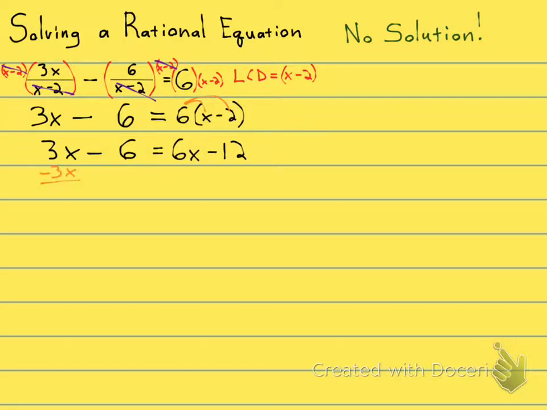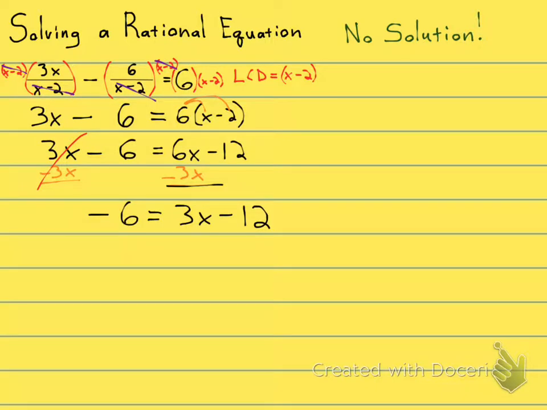I will subtract 3x on both sides. That leaves me with no x's on the left-hand side. So negative 6, don't forget that negative. Negative 6 equals 6x minus 3x is 3x minus 12.